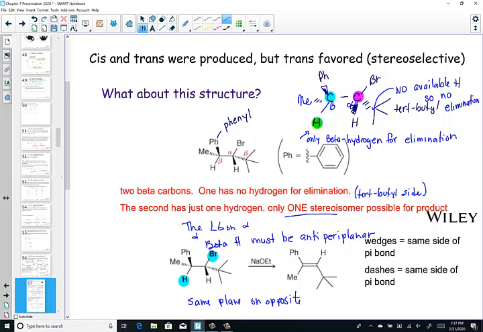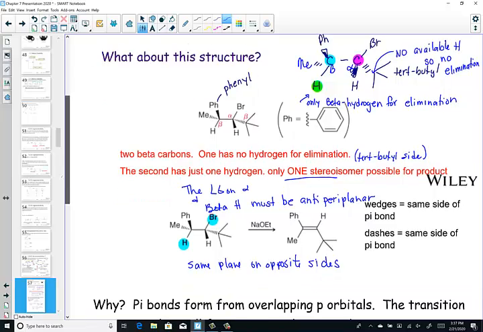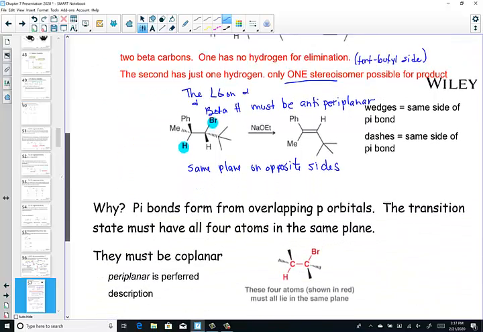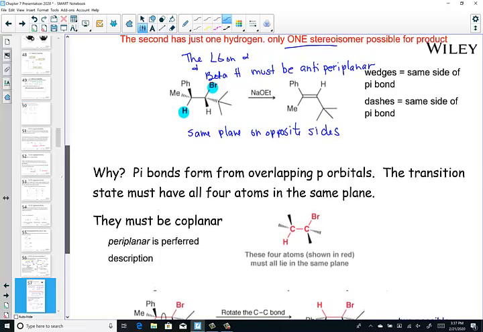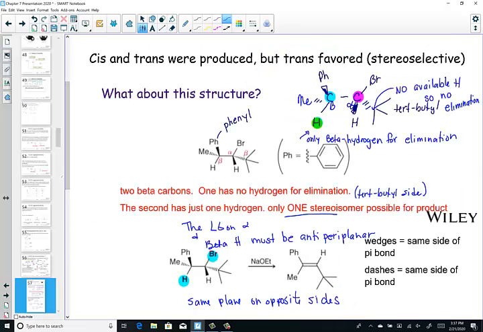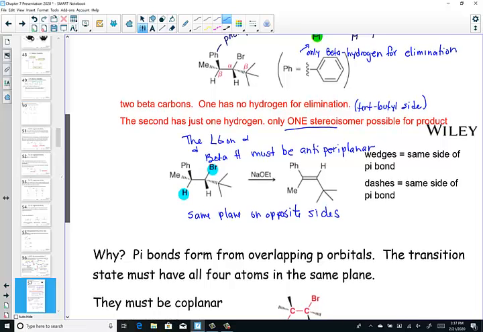And I can see that this is occurring in this particular example. Notice that the bromine is pointing up in the same plane as the carbon. The hydrogen is pointing down in the same plane as the carbon, and it meets the criteria of being able to undergo elimination reactions only when the beta hydrogen and the leaving group are anti-periplanar, same plane, opposite sides.